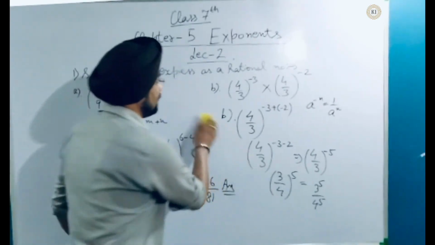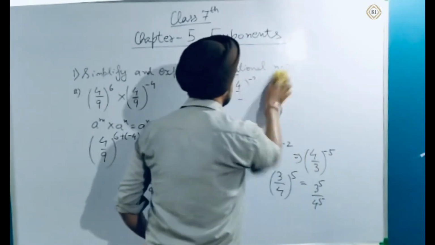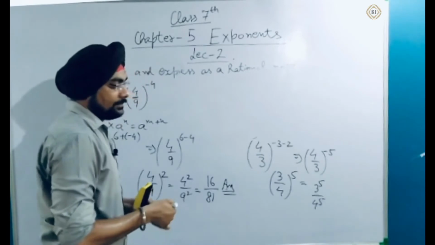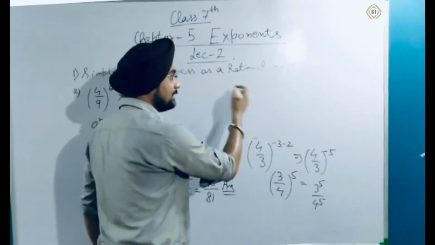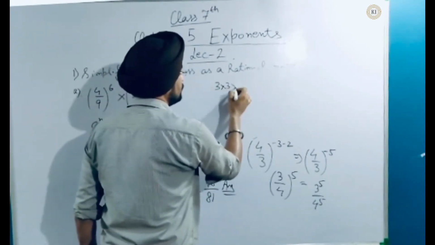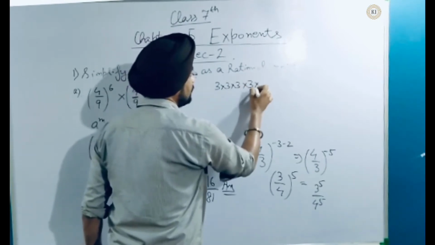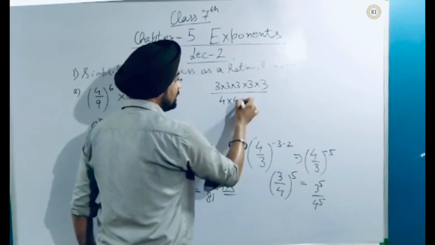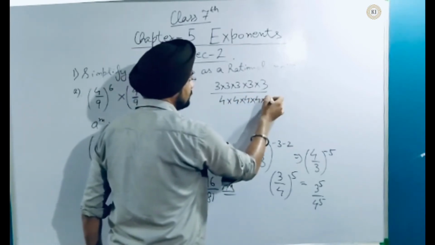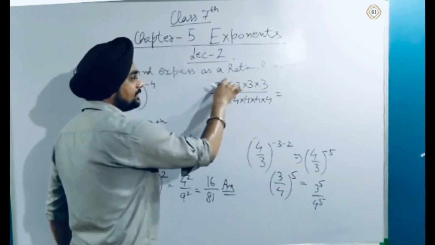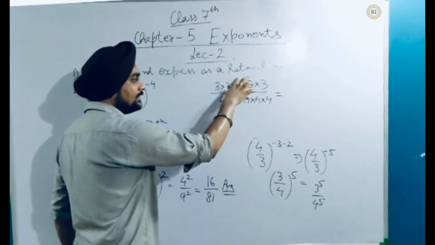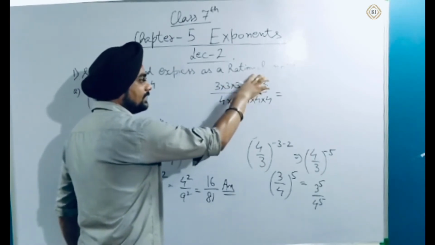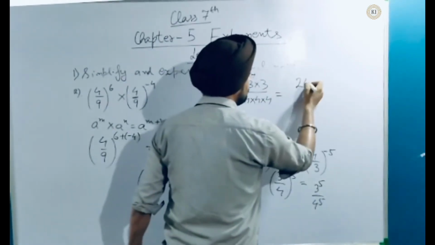So 3 to the power 5 will be 3 multiplied 5 times. So 3 into 3 into 3 into 3 into 3. 4 to the power 5 means 4 is multiplied 5 times. So when you multiply, 3 3s are 9, 9 3s are 27, 27 3s are 81, 81 3s are 243.